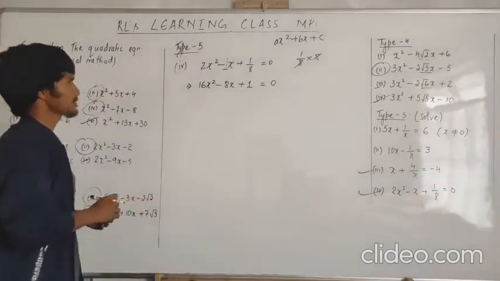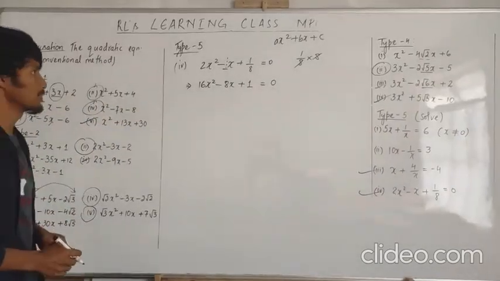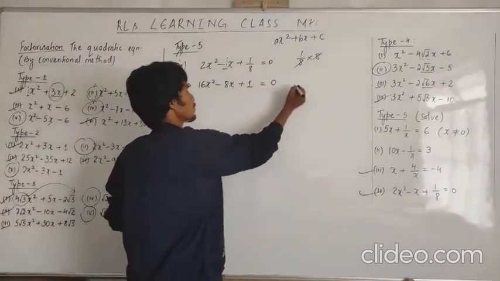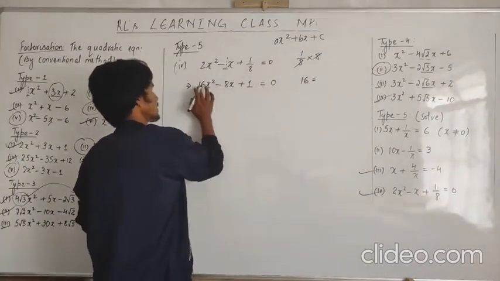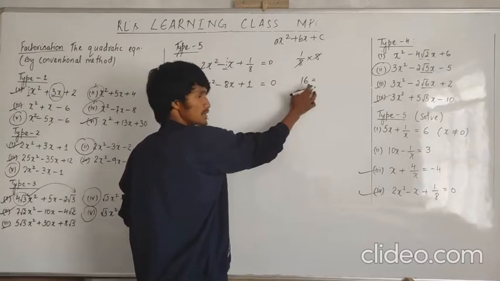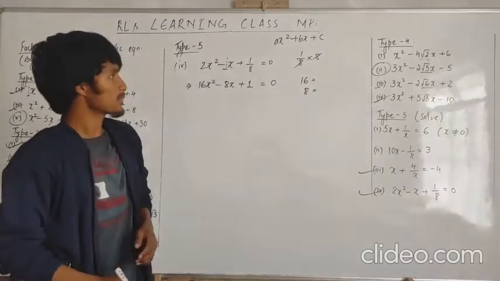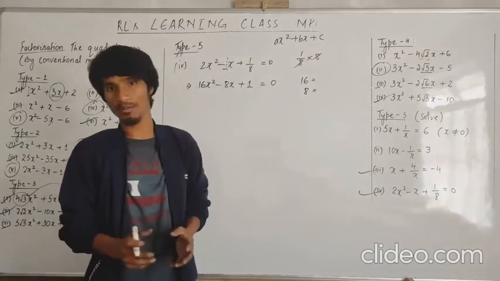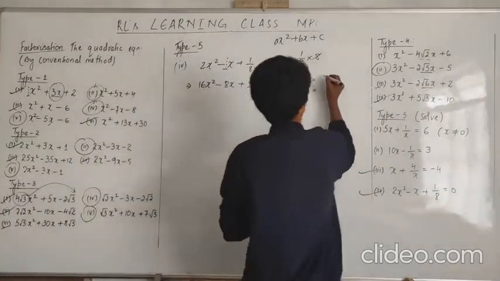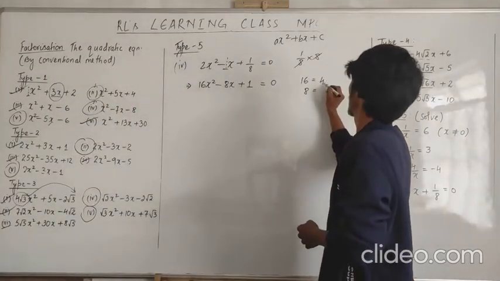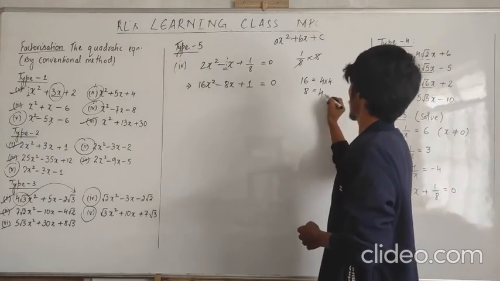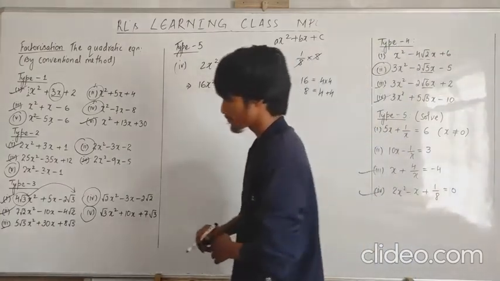Now again this asks which type? Type 2 again. Now 16 into 1 will be 16, but here is 8. Now which numbers when we multiply will give 16, and when we add or subtract give 8? That we can do as 4 into 4 is 16, and 4 plus 4 is equal to 8.